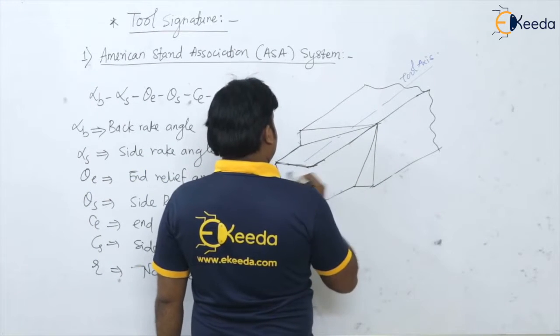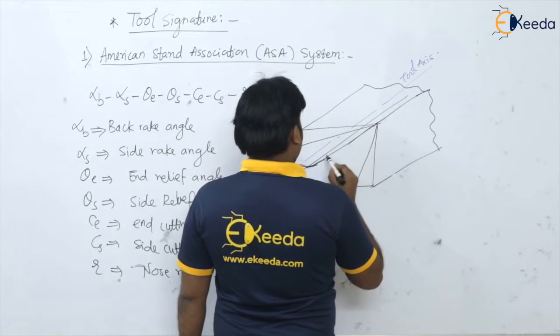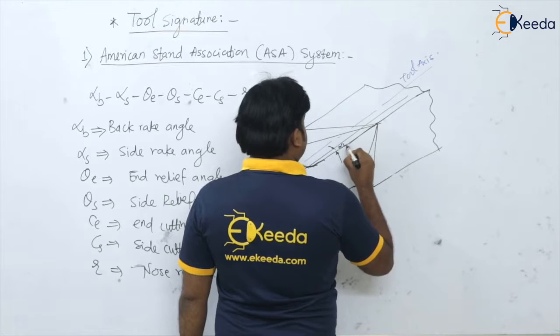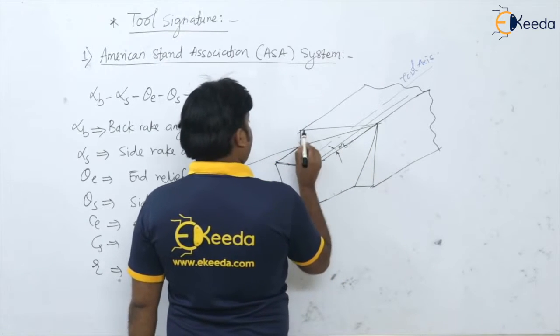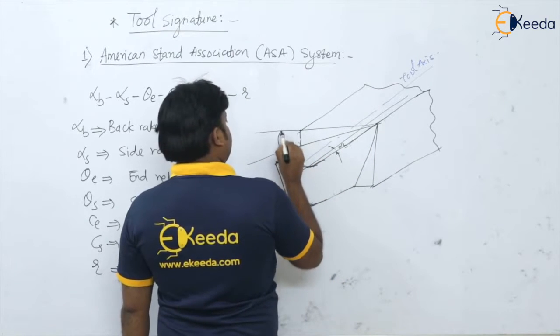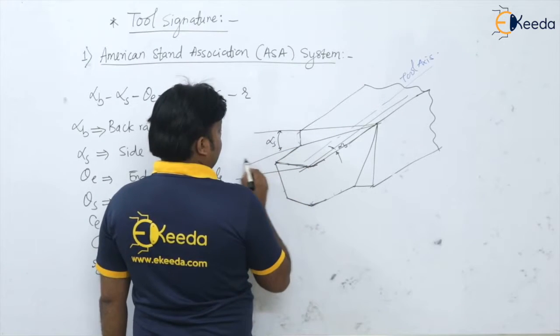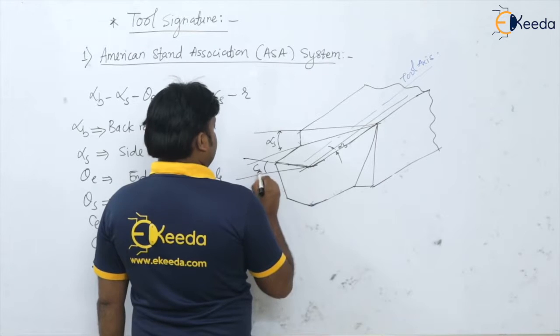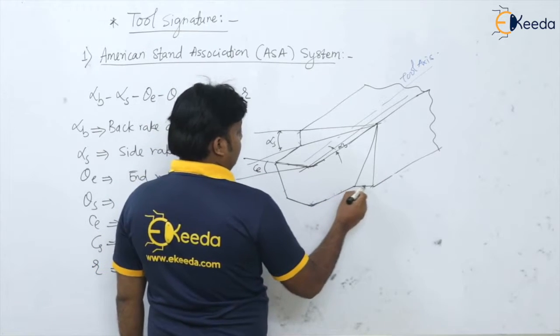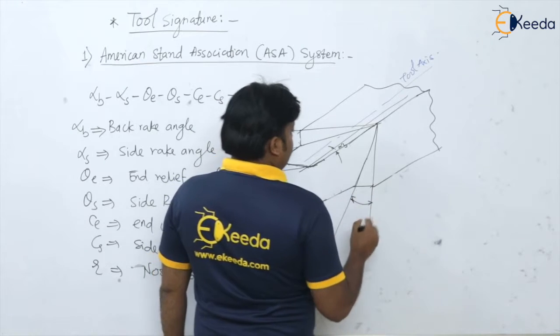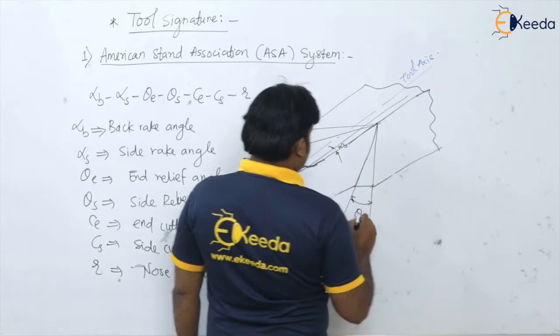So this is isometric view. Definitely we can see it on the orthographic view also. So this is the back rake angle. This is the side rake angle. This is the end cutting edge angle. This is the side relief angle.